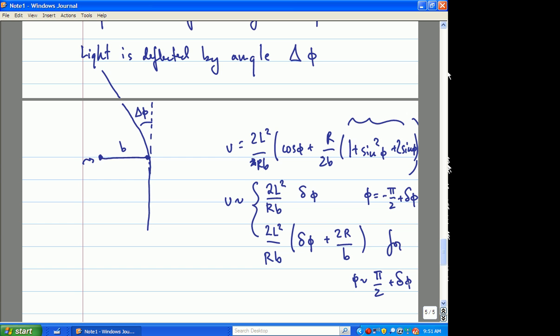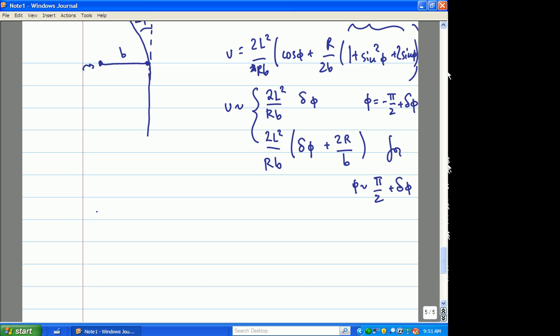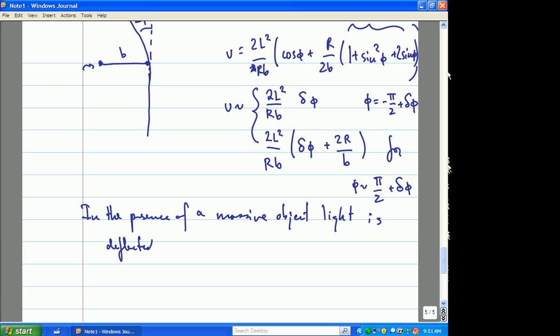So what do we see? We see that in the presence of a massive object, light is deflected by an angle delta phi, which is equal to 2r over b, or 4GM over b.